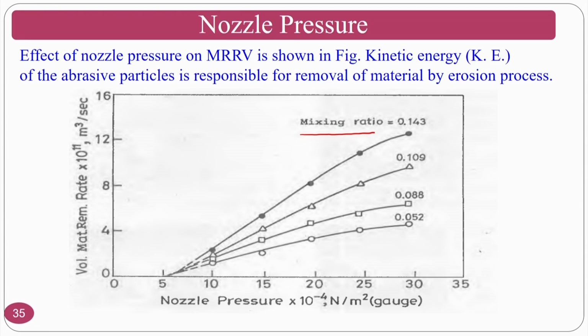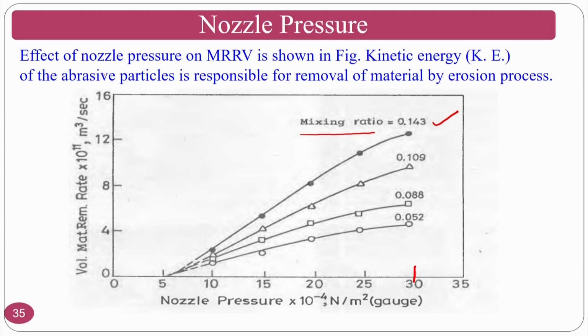The 0.143 mixing ratio gives the highest value, which means that the mixing ratio is high. So, a higher material removal rate is achieved for a higher nozzle pressure. If the nozzle pressure is 30, you are getting the higher value. If your nozzle pressure is very high, the impact will be very high.